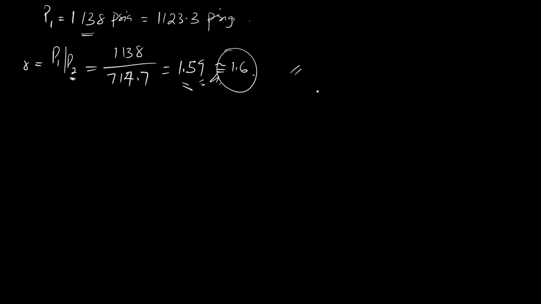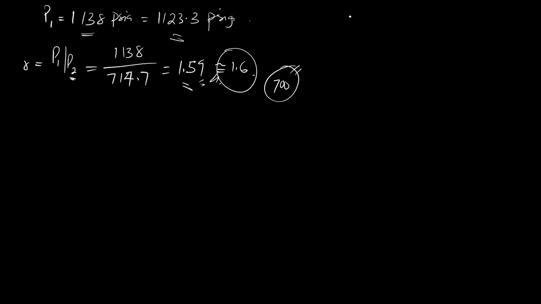So the answer should be two identical compressors of compression ratio of 1.6 and a delivery pressure of 700. Now it will have a discharge pressure of 1123.